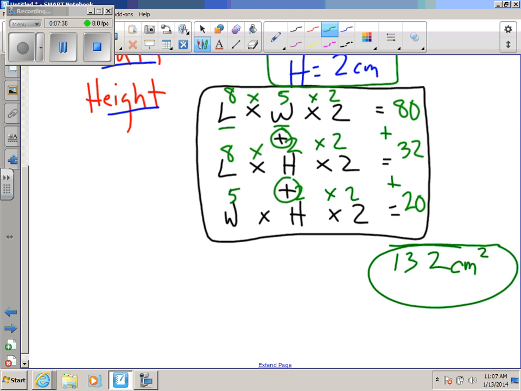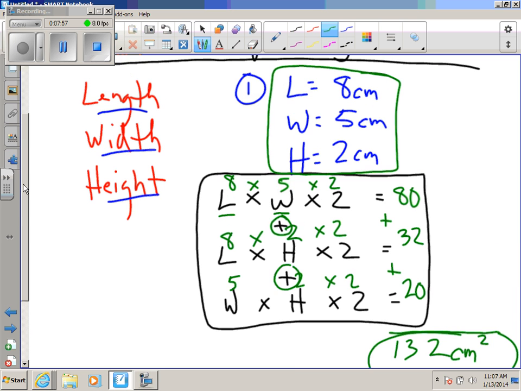So 132 centimeters squared covers the area for that entire rectangular prism. All right? So if you get that formula in black down and assign a length, a width, and a height for your particular rectangular prism, it's just a matter of filling it in and doing the work.